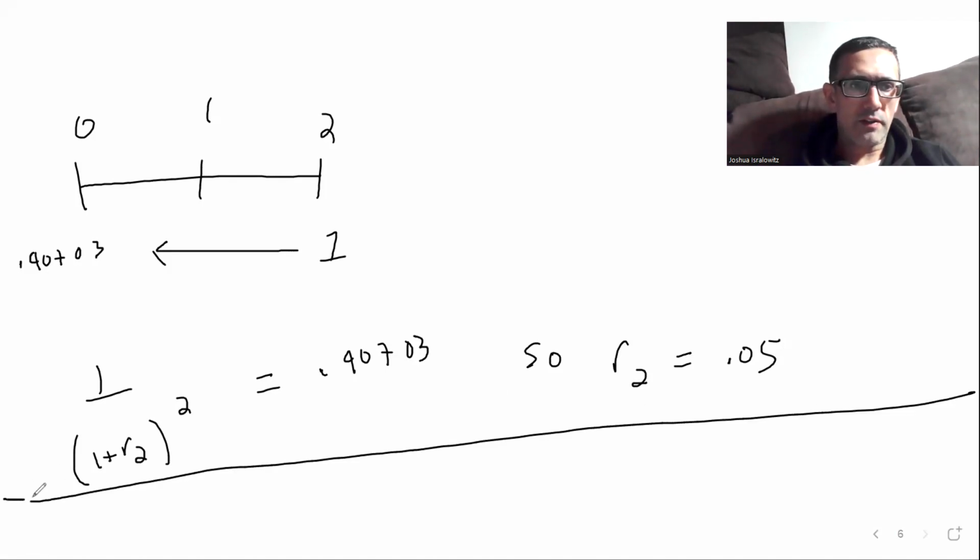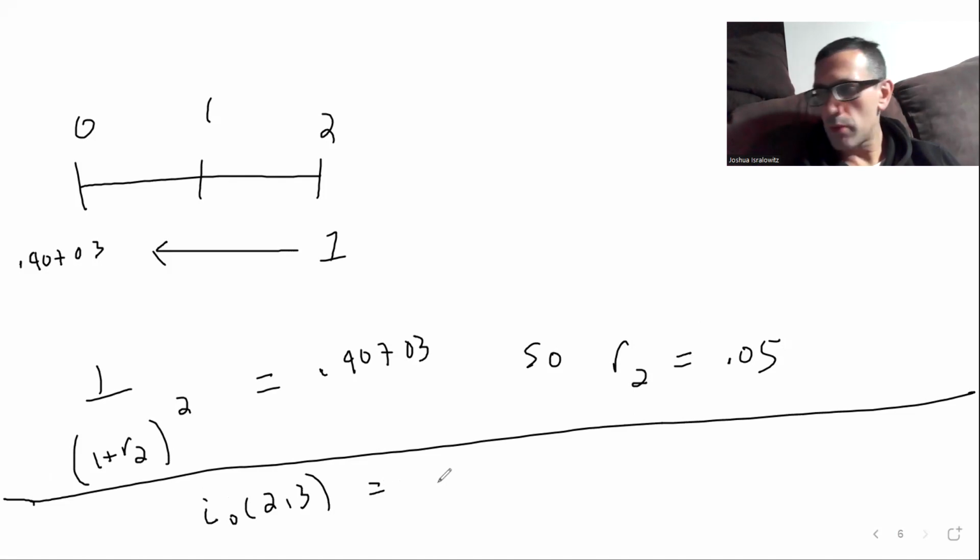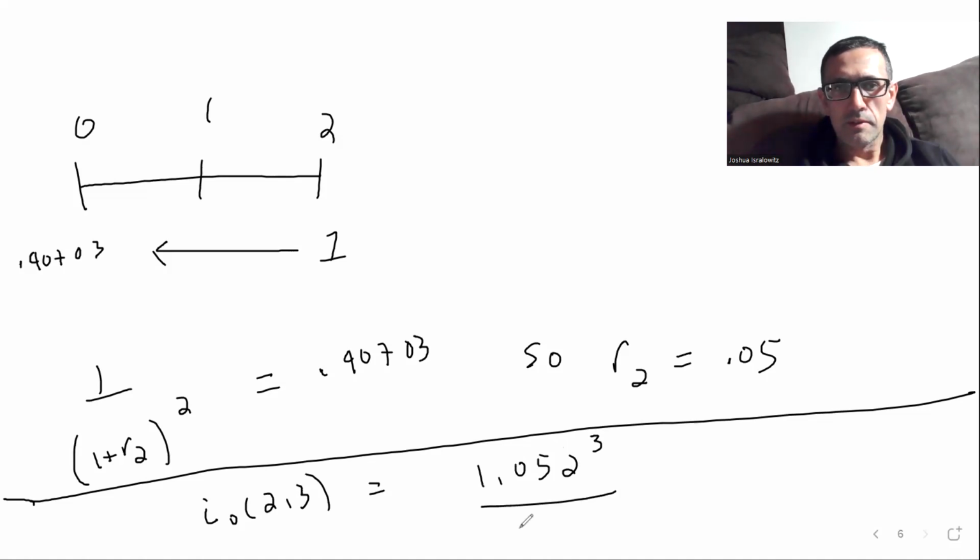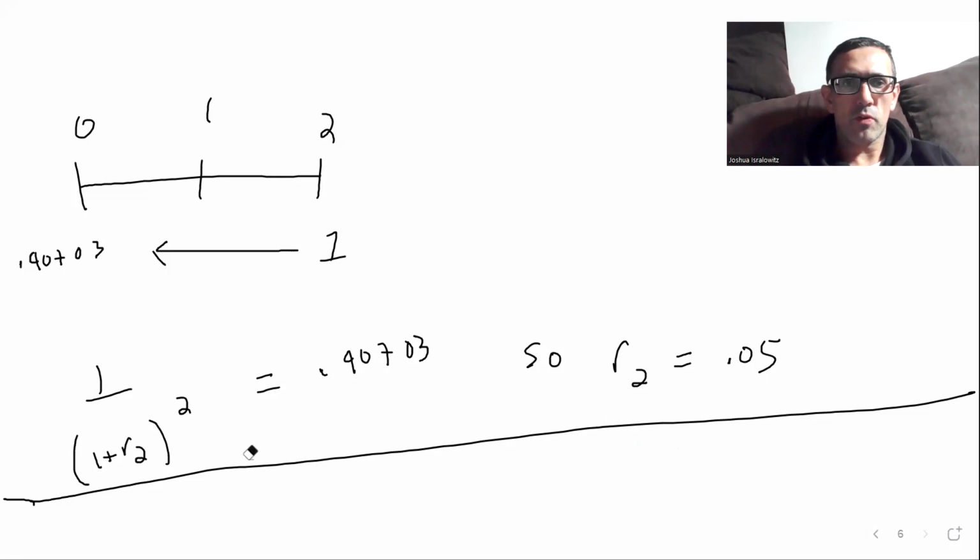All right, so finally, plop into our formula. I023 is 1.052 cubed. It's 1 plus R3 to the 3. So I'll just write it like that. Move this over a bit. I have plenty of room.